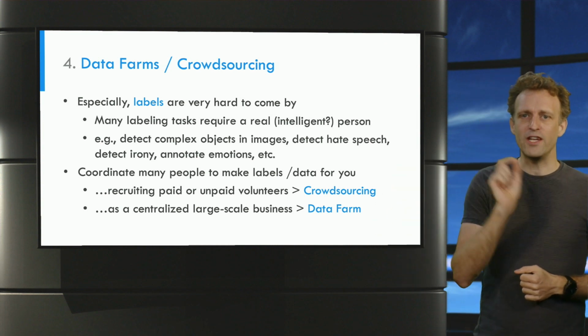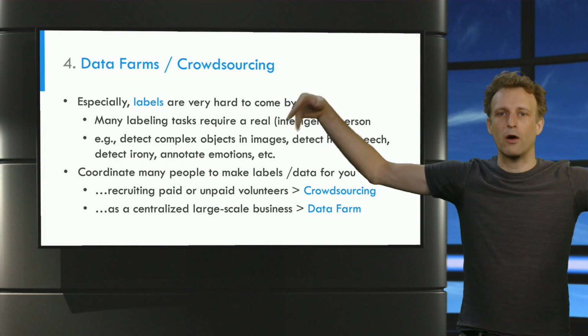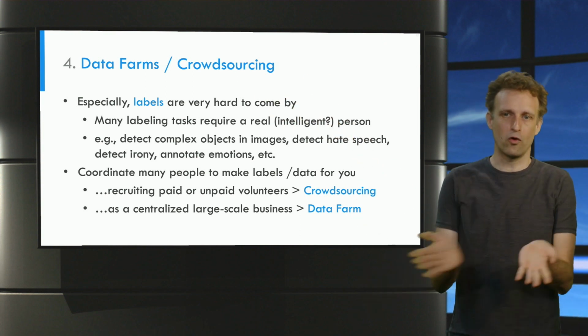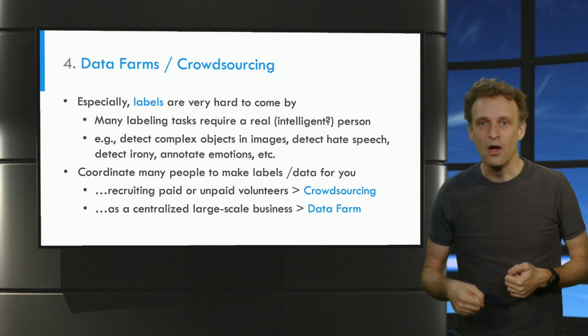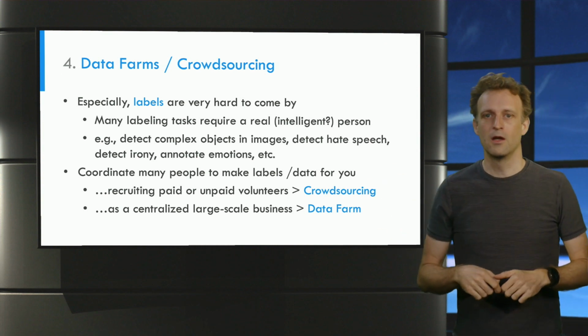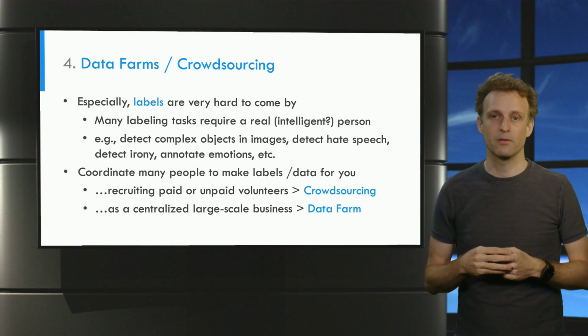But how would we efficiently and effectively label, let's say, 100,000 text posts collected from your forum to train a classifier? Of course, you can do this yourself, and then take 5 years, or abuse your employees or students to do this for you. But more commonly, you will look towards crowdsourcing or data farms.